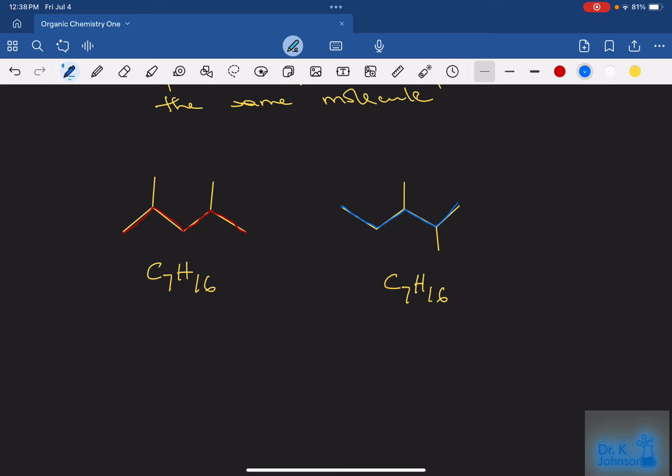Let us number these. And remember, we're using IUPAC standards as if we're going to name this. That's what helps us in determining constitutional isomers. So 1, 2, 3, 4, 5. So I number from the end that will give the substituent encountered first the lowest number. 1, 2, 3, 4, 5.